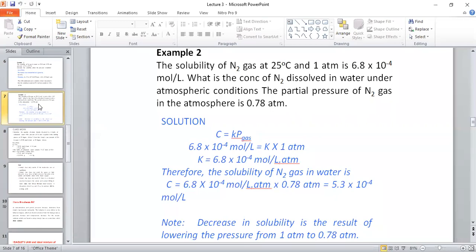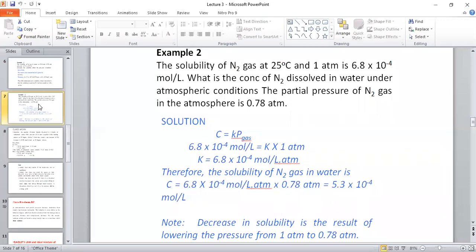Since the pressure is 1 atmosphere, 6.8 times 10 raised to power minus 4 is equal to K times 1. So that means your Henry's constant is the same value as the solubility at 1 atmosphere.